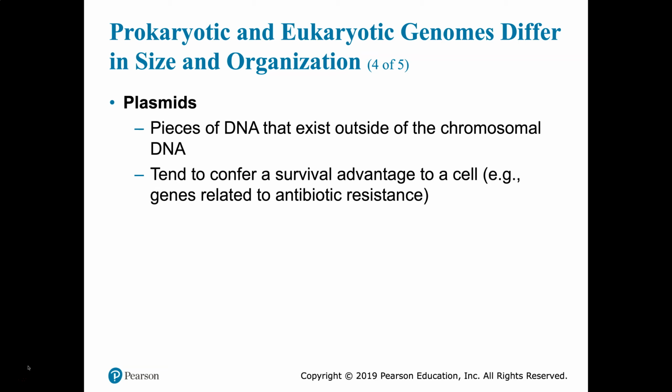Now, it doesn't always have to be traits associated with diseases. Sometimes plasmids carry genes that allow for metabolism of new substances. Let's say, for some reason, a bacterial cell couldn't break down fructose.